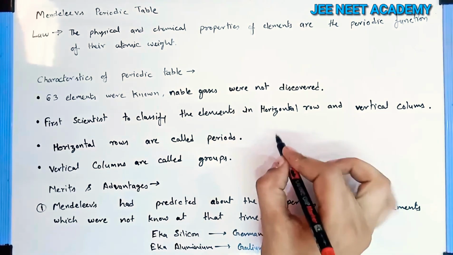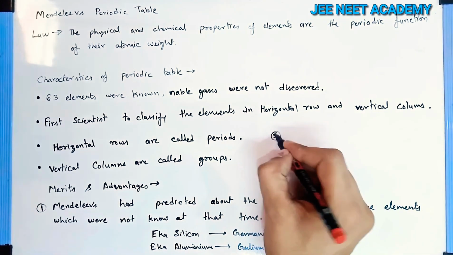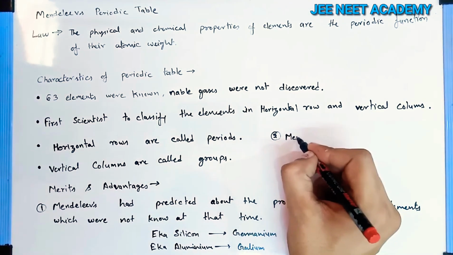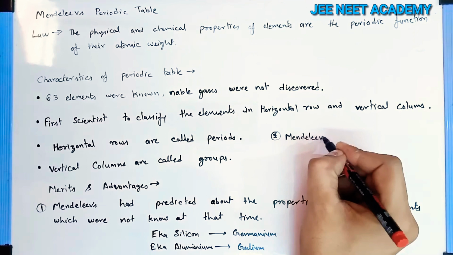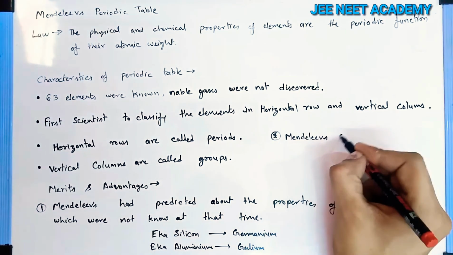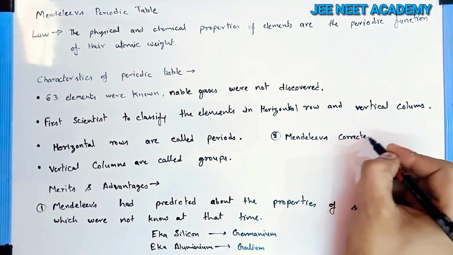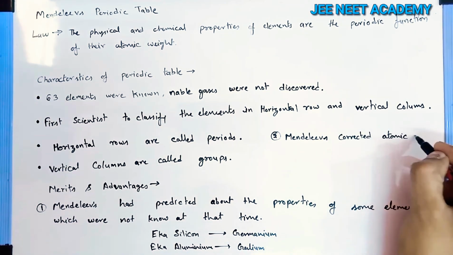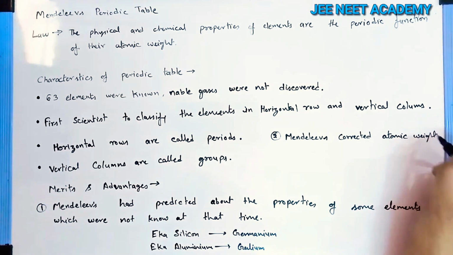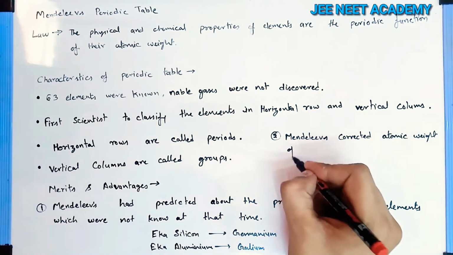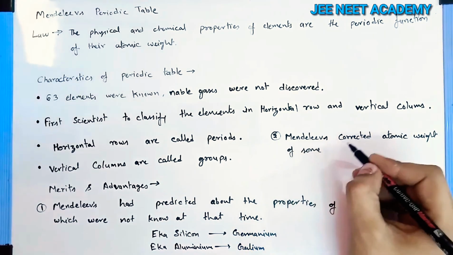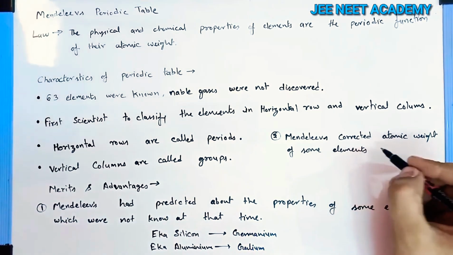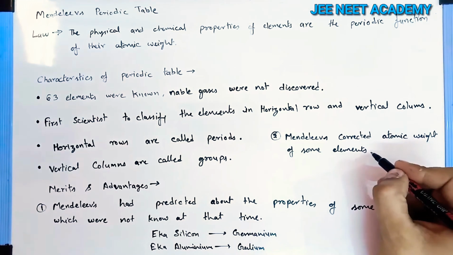Second merit and advantage: Mendeleev corrected the atomic weight of some elements which were wrongly calculated before.